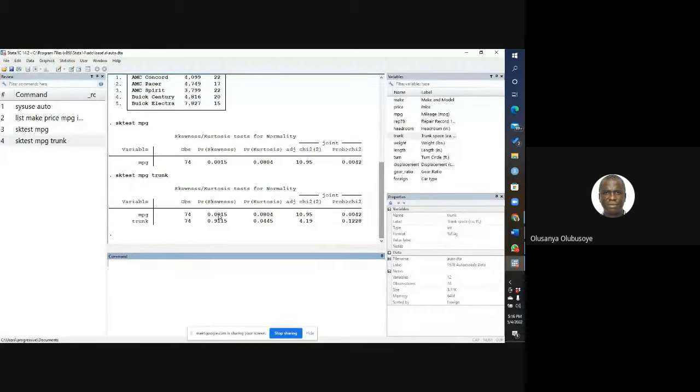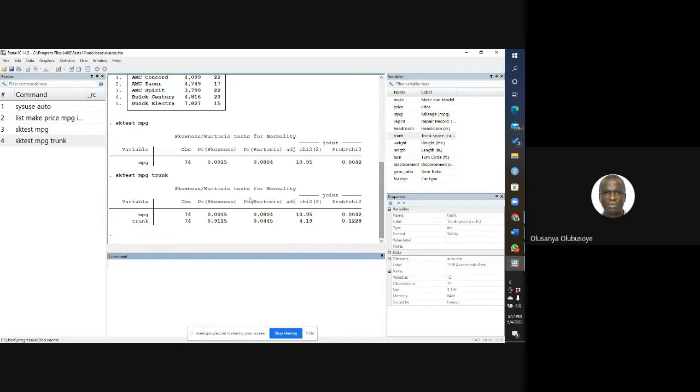The second one looks at the thickness of the variable: it is also a p-value that you compare with the alpha value to say whether the peak of the distribution is higher or lower than that of the normal distribution.